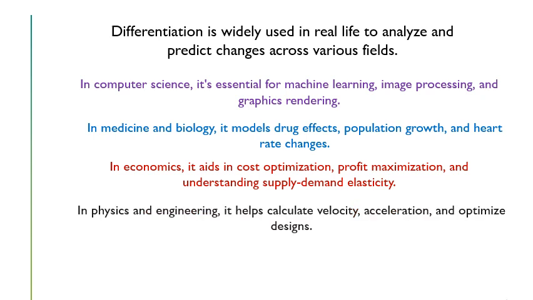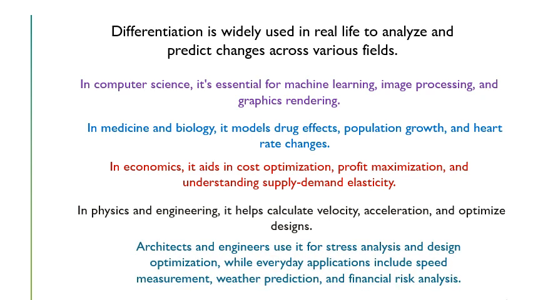In physics and engineering, it helps calculate velocity, acceleration, and optimize designs. Architects and engineers use it for stress analysis and design optimization, while everyday applications include speed measurement, weather prediction, and financial risk analysis.